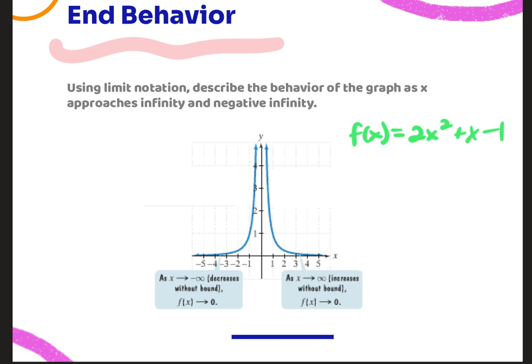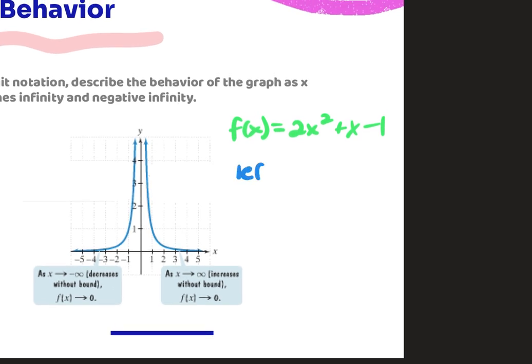So end behavior is what's happening on the left and the right of your graph. Literally the ends. Are your arrows both pointing up? Are they both pointing down? One up, one down, that kind of thing. So we're going to learn how to describe that using limit notation. If I'm talking about left-hand behavior, what happens on the left side of my graph, then I'm saying the limit as x approaches negative infinity, because negative infinity is to the left on my number line, right?